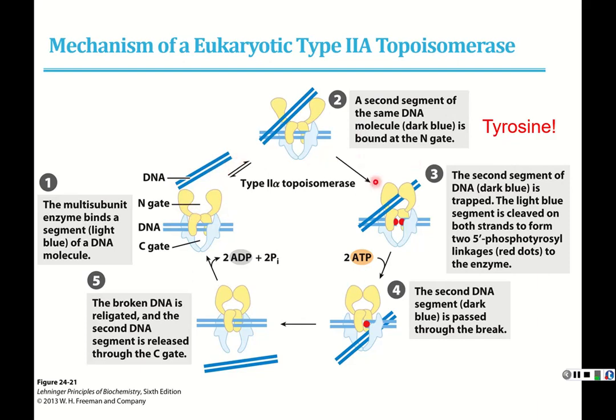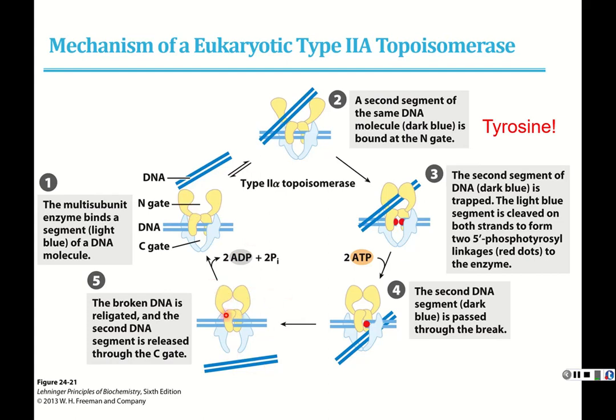Okay, that binds. Then we get this break in the double-stranded DNA, the light blue that's sort of surrounded there in the topoisomerase. Okay. When that happens, then ATP is used to pull the darker blue strand through the cut in the light blue strand. Right? Then we can actually fuse those regions together using that ATP, right?